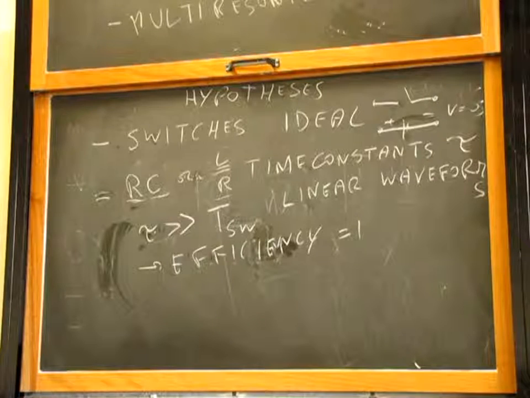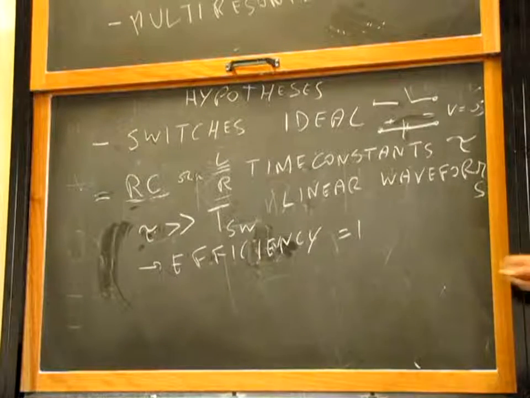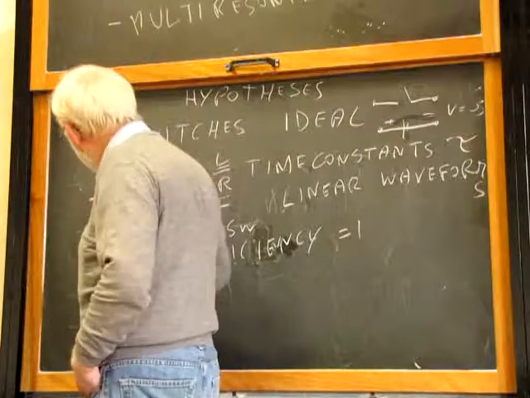We will remove it. By your final exam you will have to consider losses and give me an estimate, not a calculation, just an estimate of the efficiency of your system. You will have to find out how much power is lost on the transistor, on the diodes, etc., and give me an estimate of your losses. But for the beginning, that will be what we do.